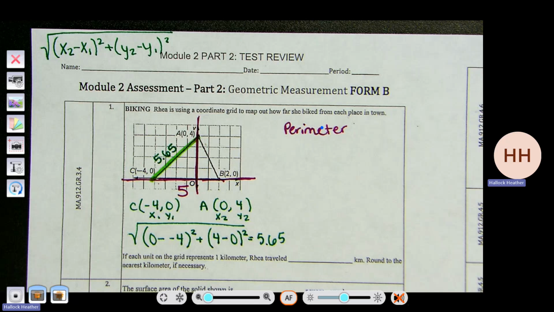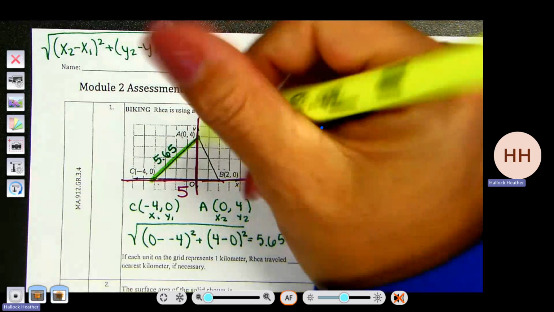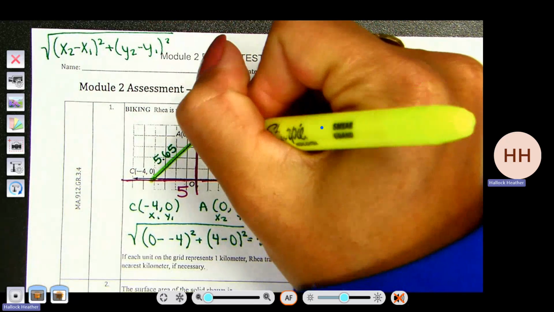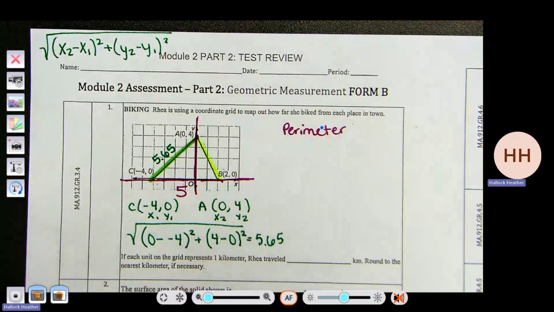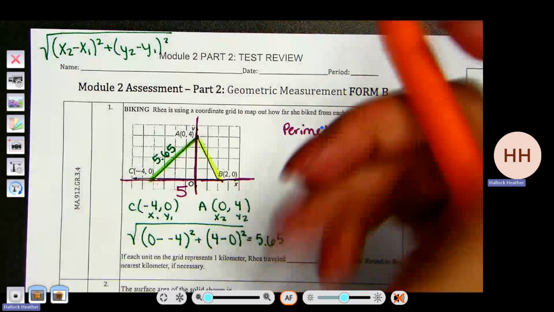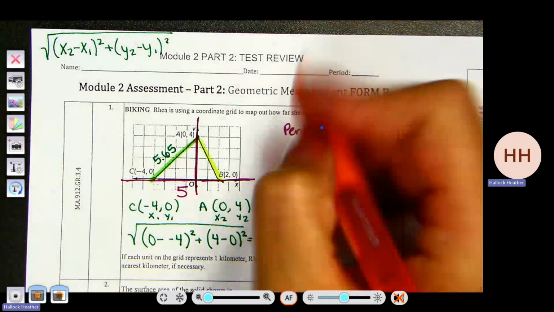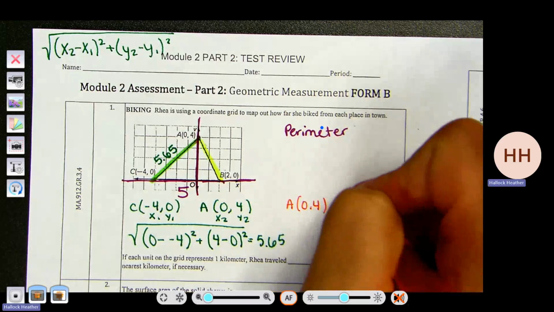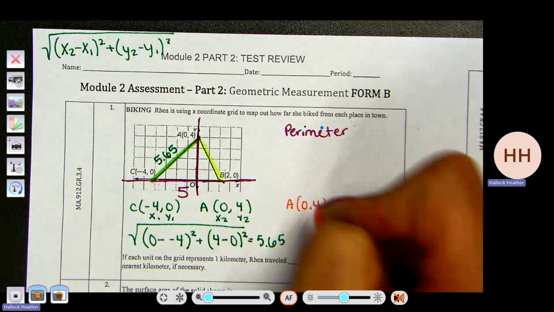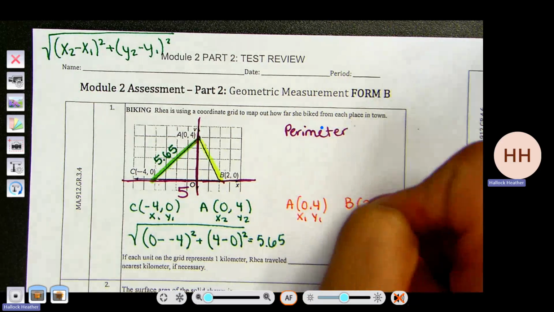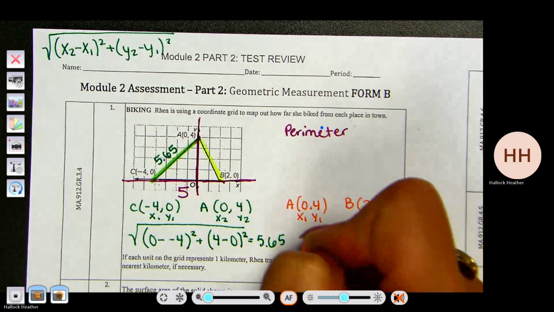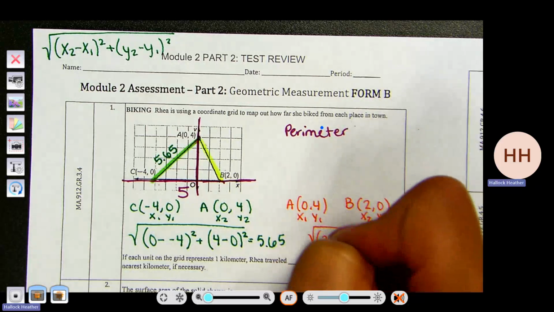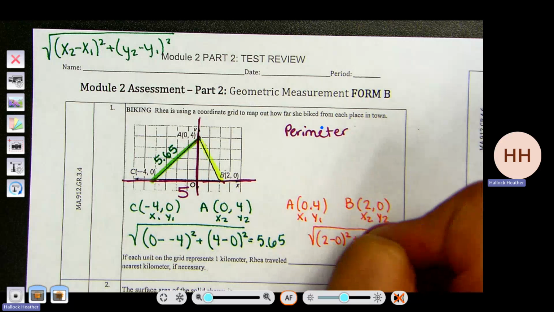So I'm going to use yellow to highlight this side. Over here, I'm going to use A and B to find the distance between A and B. A is 0, 4. B is 2, 0. So same thing, x1, y1, x2, y2. So I'm doing 2 minus 0 squared plus 0 minus 4 squared.